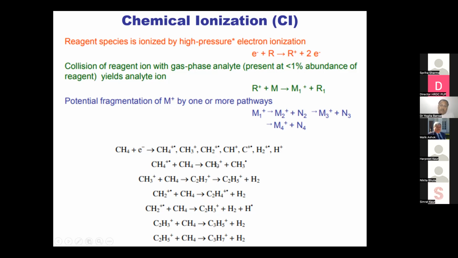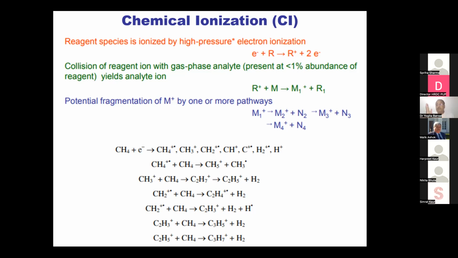Now this CH5+ is a highly unstable species, because a methane carbon cannot bear a positive charge. So this CH5+ will react with M, your molecule, and it will transfer its excess hydrogen to the molecule. So M will become MH+, and the CH5+ will be converted to CH4.